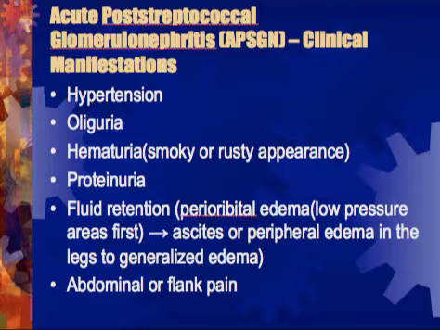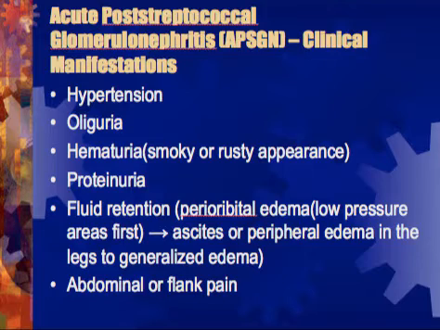We have the clinical manifestations: hypertension, oliguria or decreased urination, hematuria, and this hematuria can be smoky or rusty in appearance. The smoky indicates bleeding from the upper urinary tract.